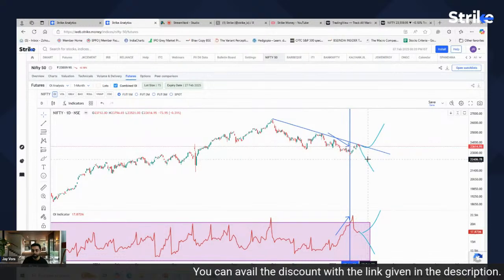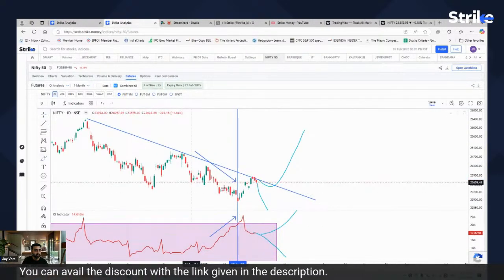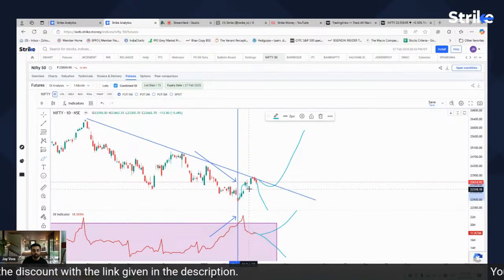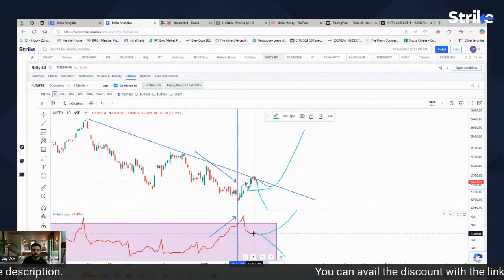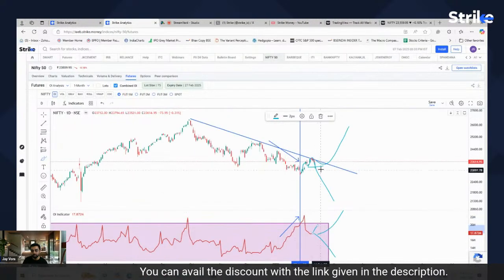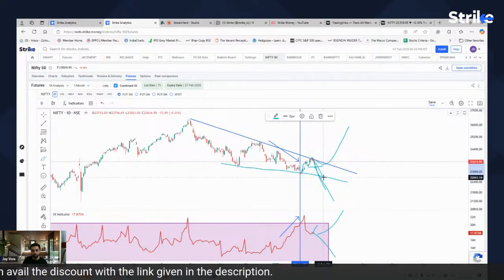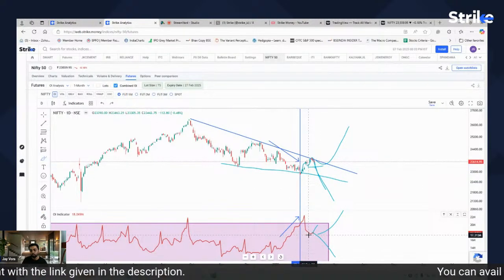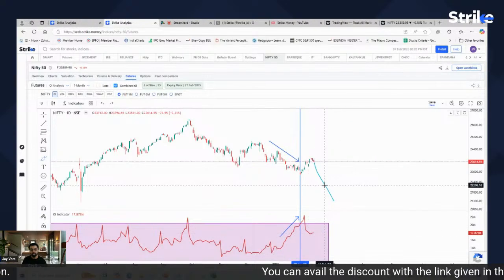But if this marginal higher top, higher bottom pattern that we have been forming is broken on the downside, and we see the open interest starting to rise higher, then I will be worried that it can move down and test this trend line on the downside. So yes, we are at a critical juncture for the Nifty index.